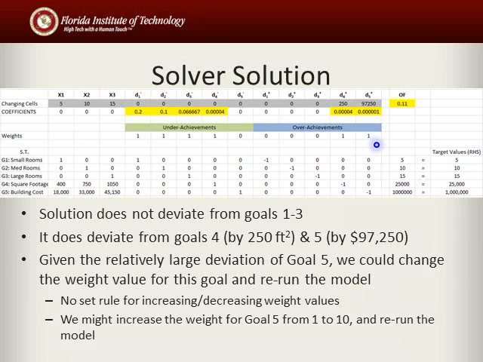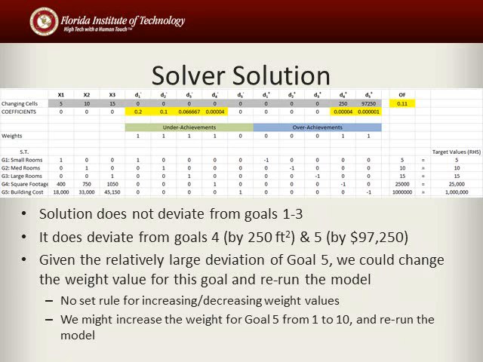Since you increased your priority level, the algorithm is going to try to find a solution that meets goal number 5 as much as possible, and then try to meet the other goals as much as it can. So that's one thing you can do.